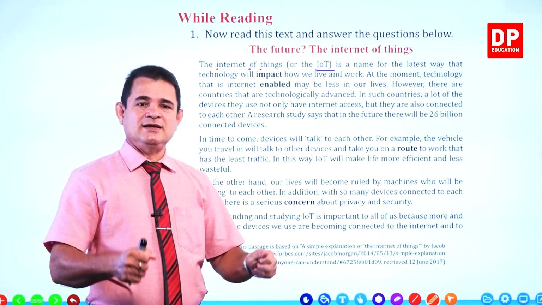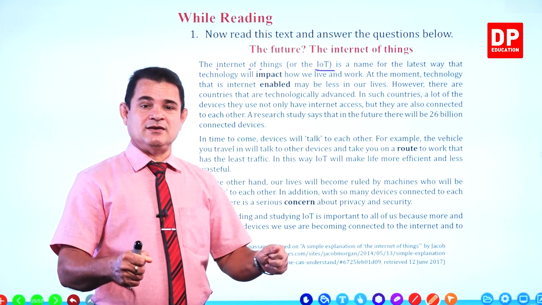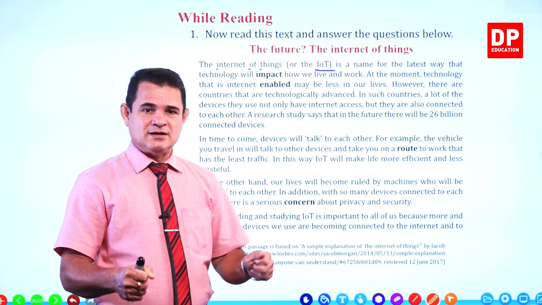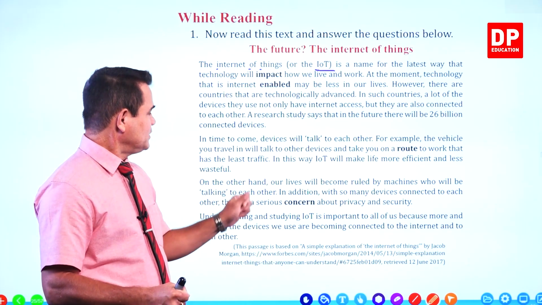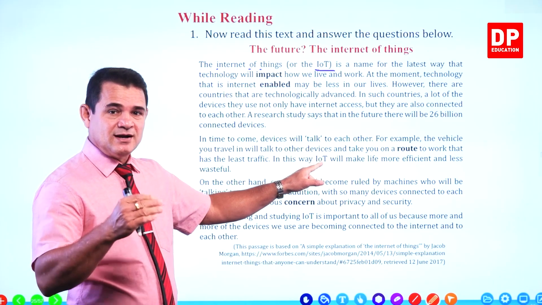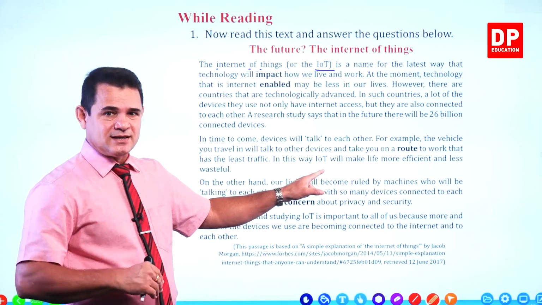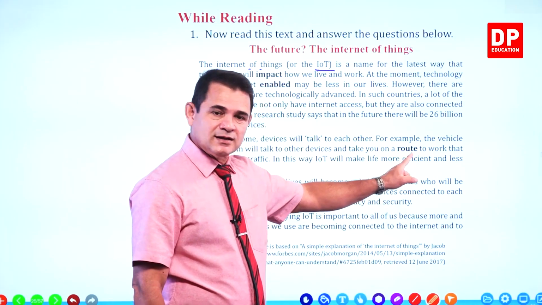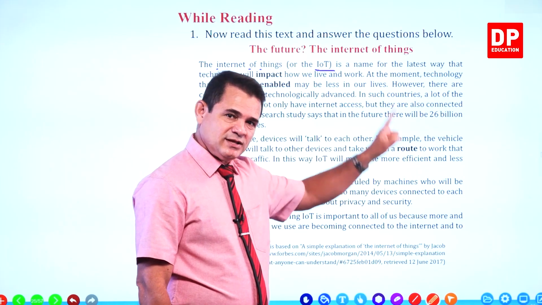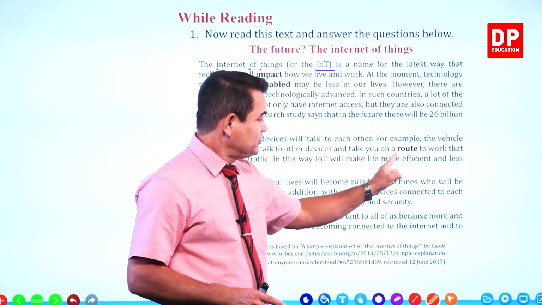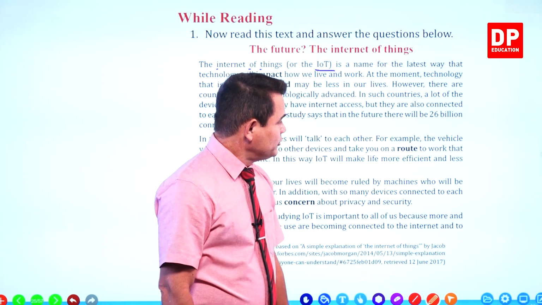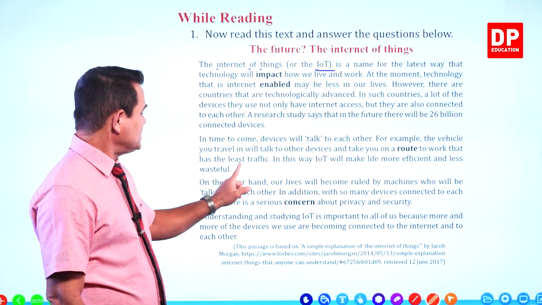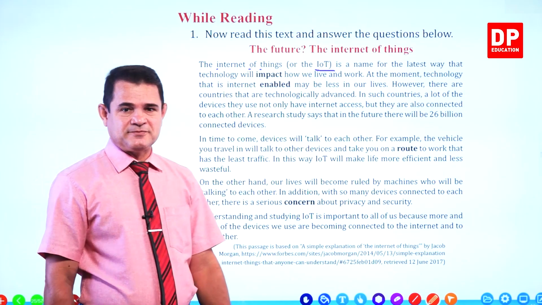Now if you are traveling in a vehicle, the vehicle you travel in, ඔබ ගමන් කරන වාහනේ, will talk to other devices. ඒ වාහනය තවත් device එකක් එක්ක කතා කරලා take you on a route. අන්න වචනයක්, we have to think of route. Take you on a route to work that has the least traffic.